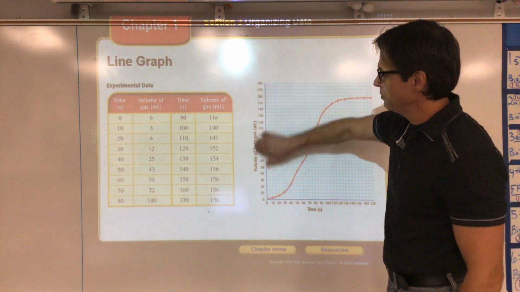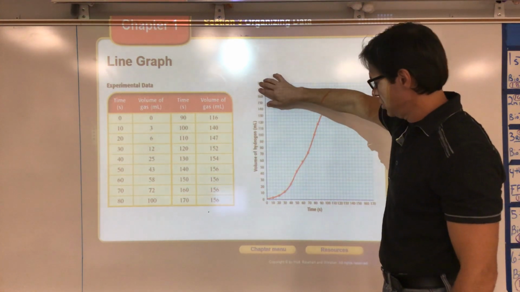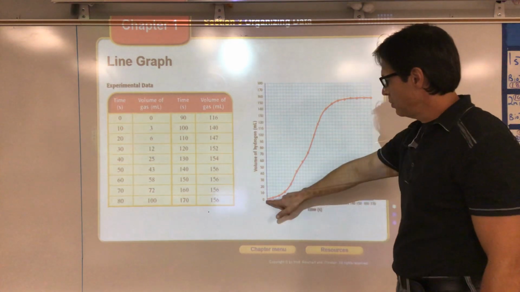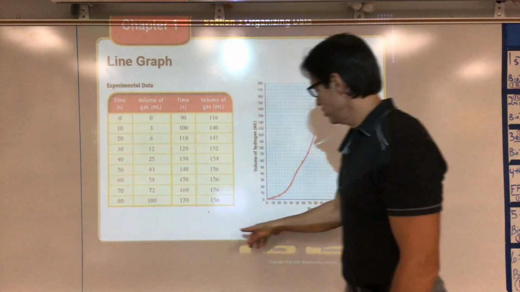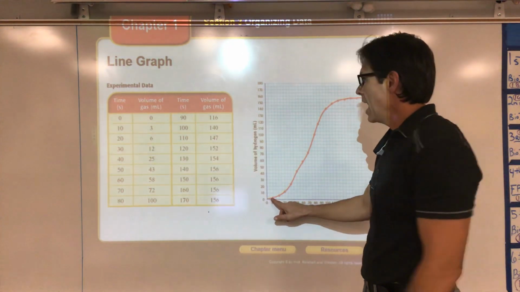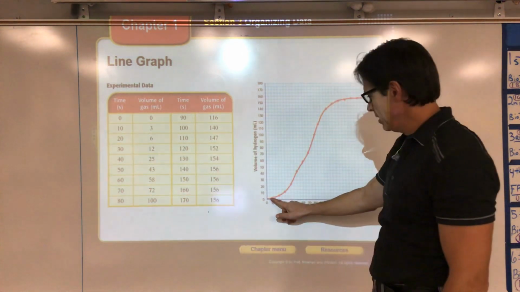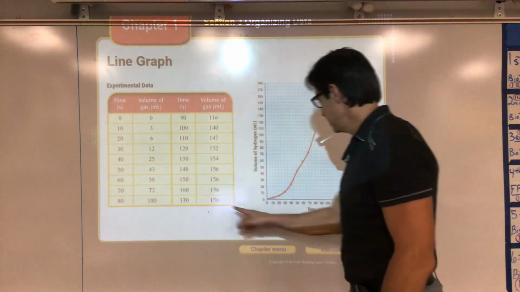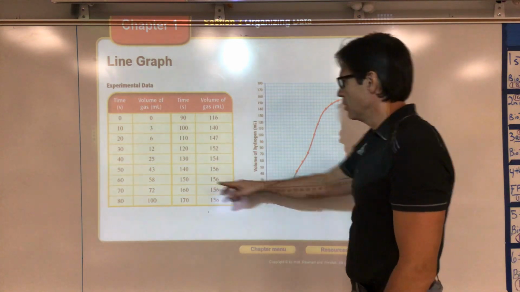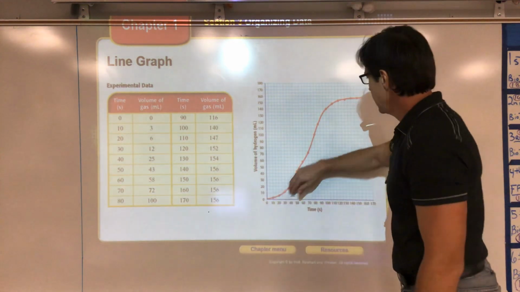You had your volume on this side, which was changed, and your variables here, x and y axis. So you plotted the first one, 0, 0, there's your starting point. Then we went to 10 seconds, and we plotted a volume of 3, made a dot. And then 20 seconds, and plotted 6, okay? And so on. We plotted each one of these points, and then we connected them.